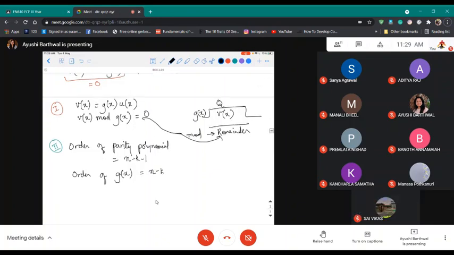Now, since the order of the parity polynomial is less than the order of g(x), if we divide p(x) by g(x), we will not be getting a remainder other than p(x) itself, because its order is lower.